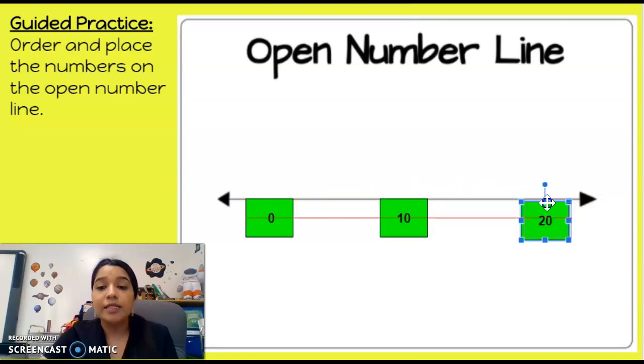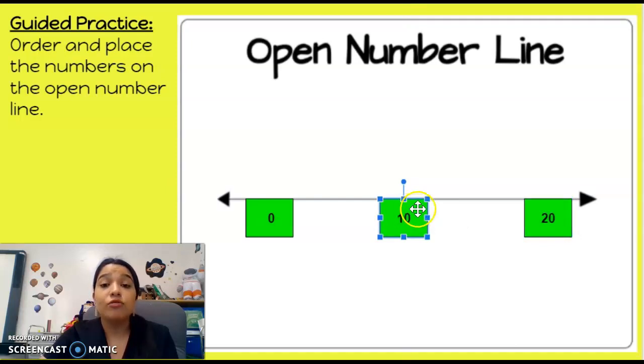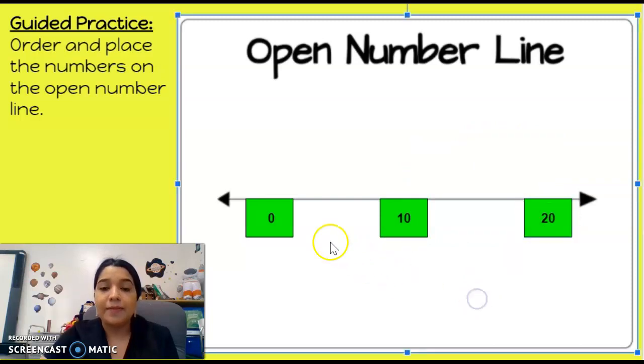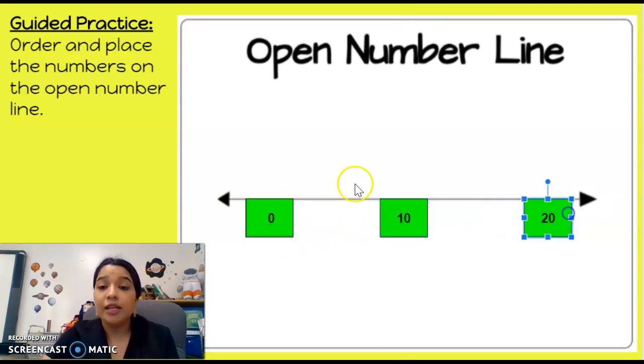So 10 is in the middle because 10 plus 10 equals 20. It's halfway between 0 and 20. So 0 plus 10 equals 10, and 10 plus 10 equals 20. These look like a good order, from smallest to biggest.